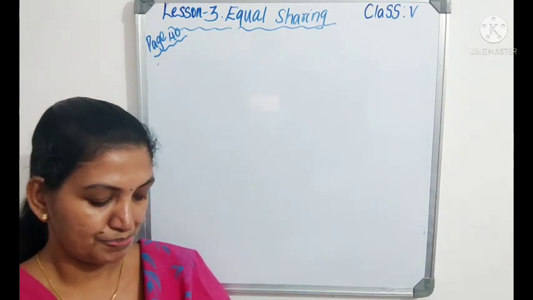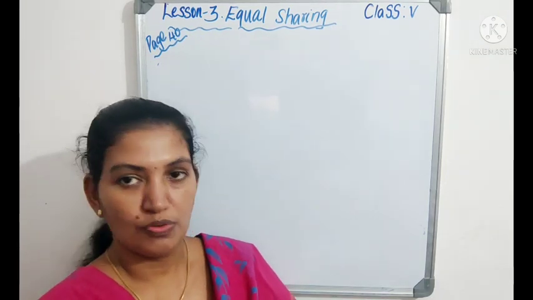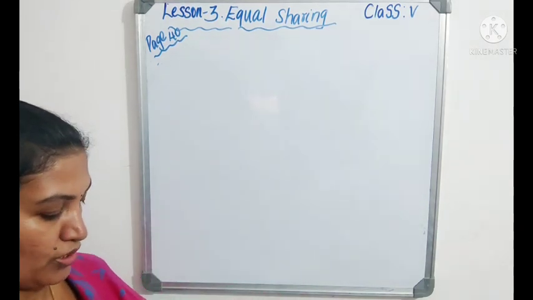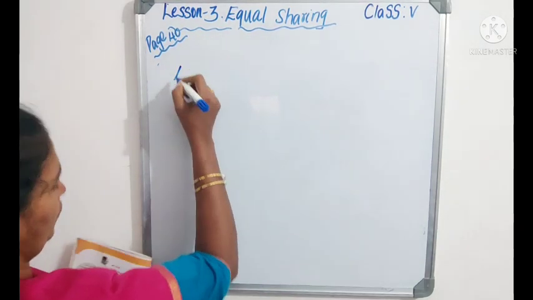So what is the cost of 6 clocks? That is 924.